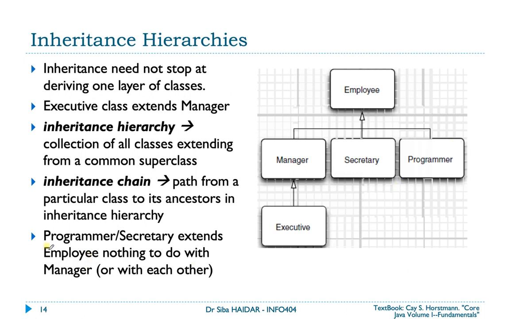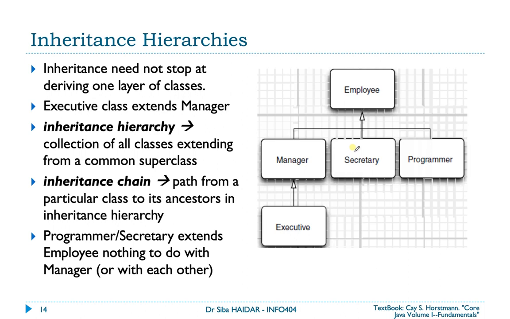So, for example, we can have a programmer, we can have a secretary class that extends the employee class, but they have nothing to do with the manager class. There is no such thing as sister class, no brother class. Secretary and manager classes are both subclasses of employee, but they have nothing to do with each other.